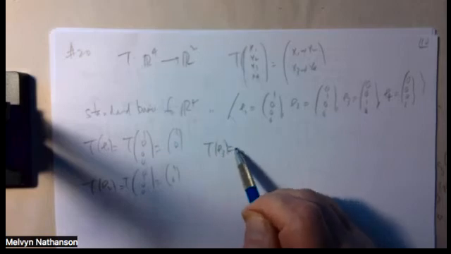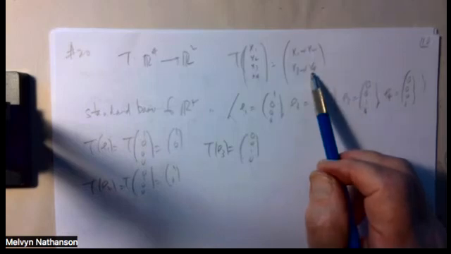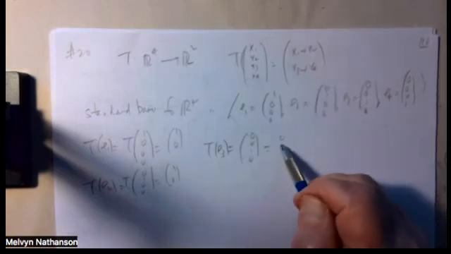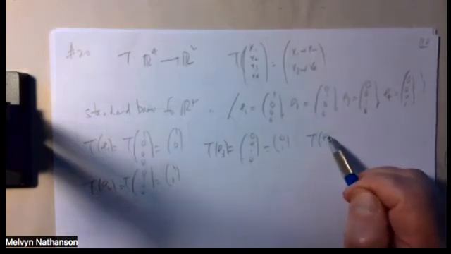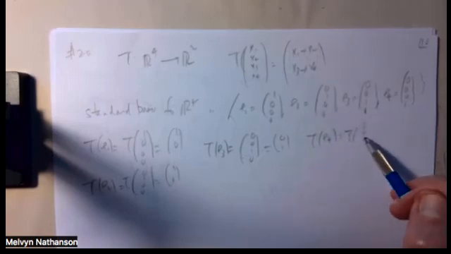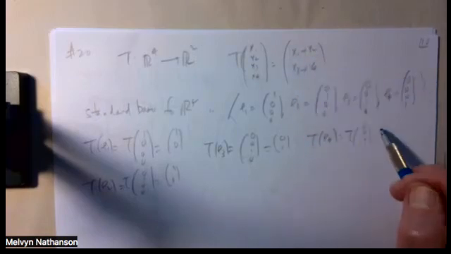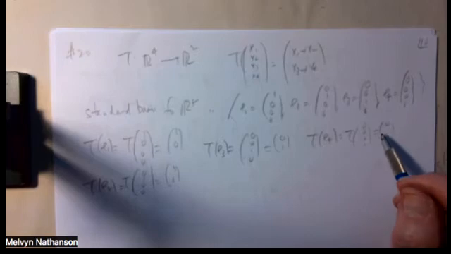T of E3, 0, 0, 1, 0. X1, X2, X4 is 0, and X3 is 1. This is 0, 1. And T of E4, or T of 0, 0, 0, 1. X1, X2, X3 are 0, X4 is 1. This is 0, 1.